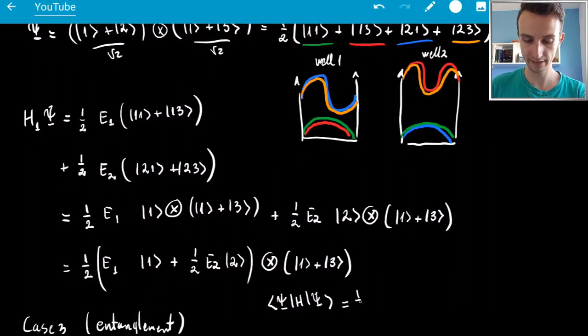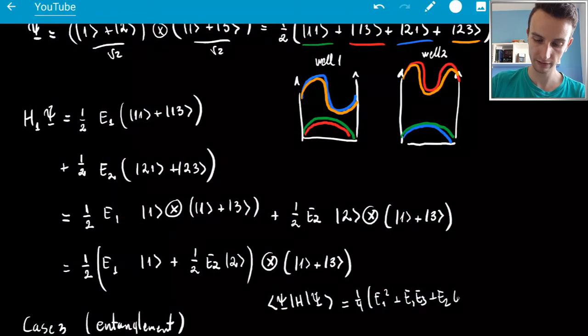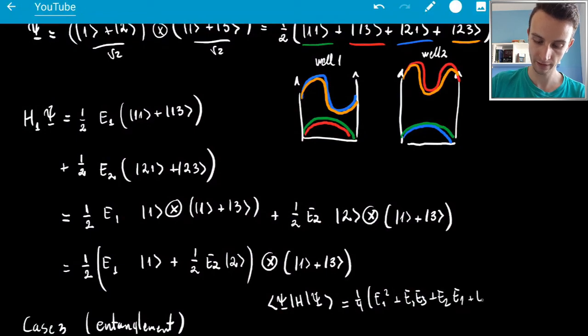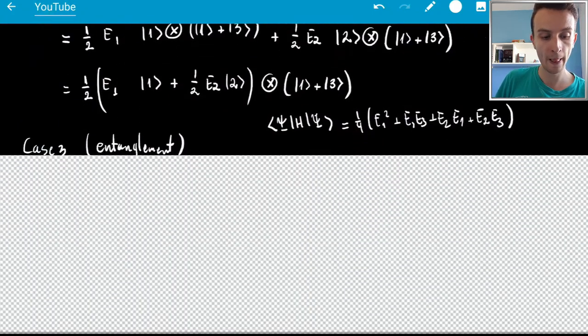We'd get 1/4 times E1 squared plus E1 E3 plus E2 E1 plus E2 E3. Again, this is just calculation. This has no interesting physical consequences.